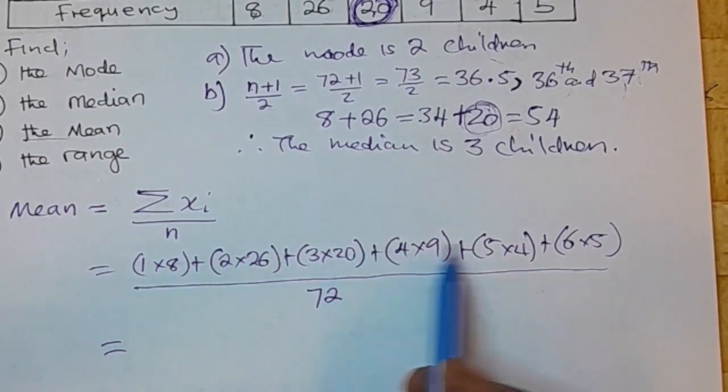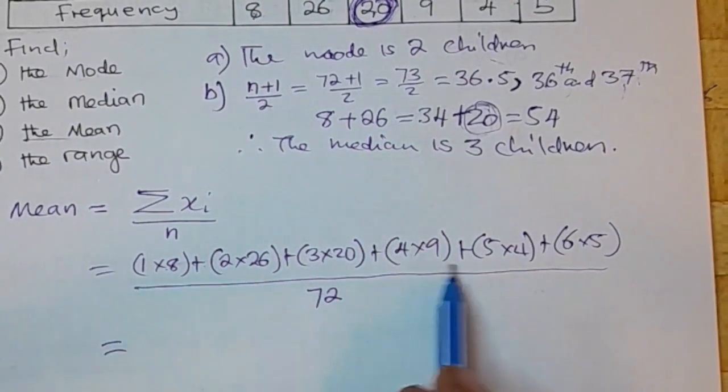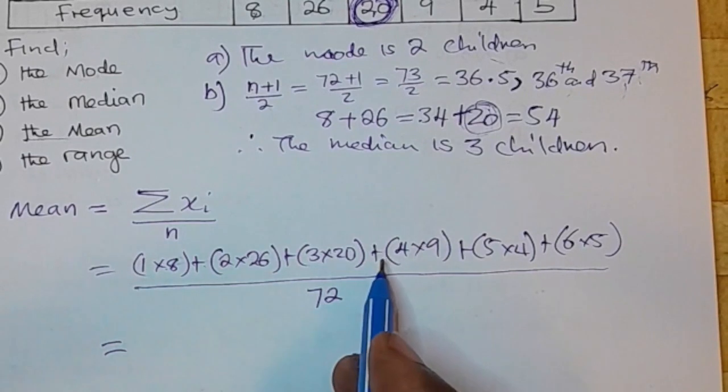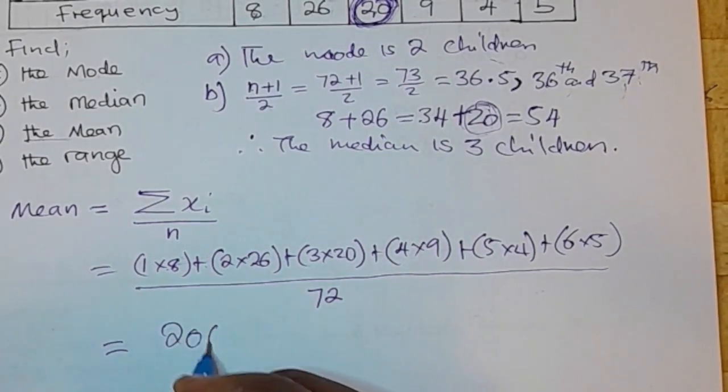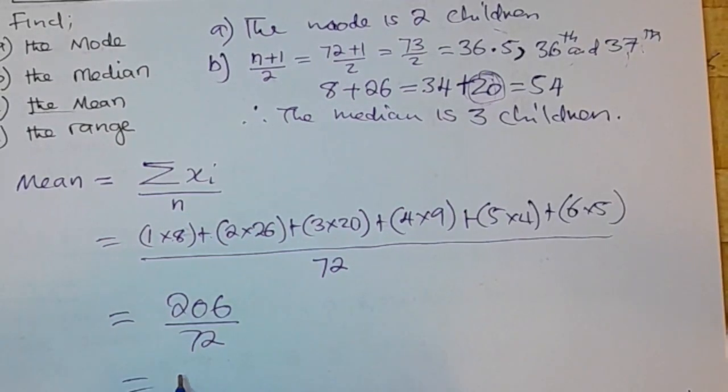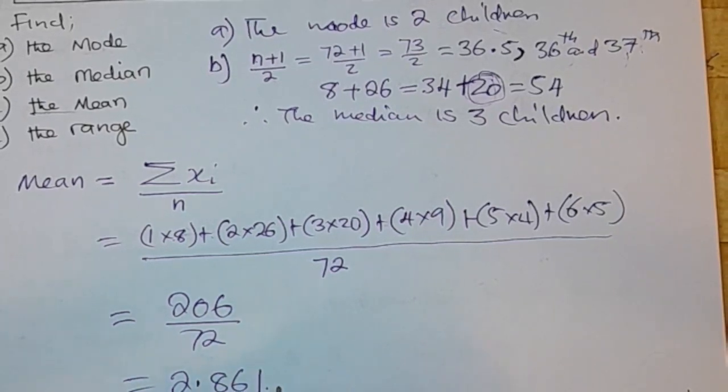When you multiply and add the top part, you have 206 over 72. 206 divided by 72 is 2.861.